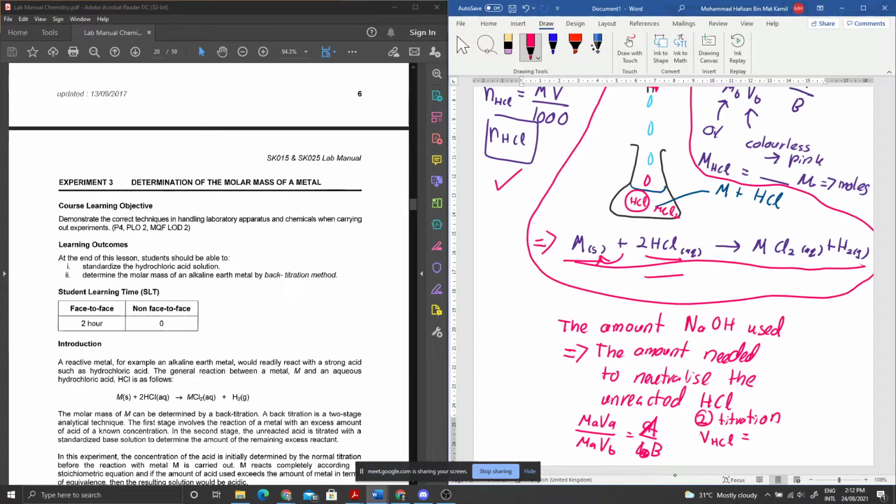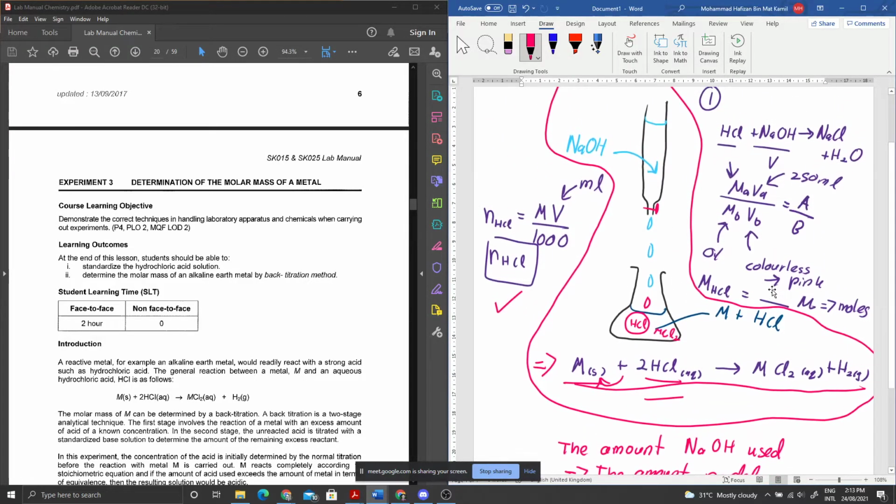Okay, from the volume kita boleh cari molarity. Molarity kita still guna formula ini, same formula.